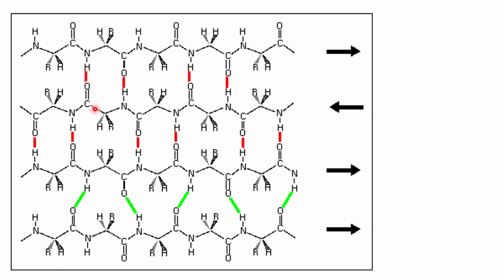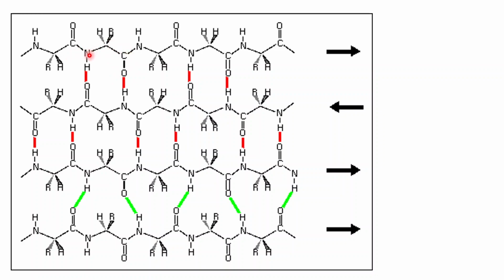Here also this is one amino acid, N, C alpha, C. So the amino group of this amino acid is making the hydrogen bond with the carboxylic group of the adjacent amino acid, and the carboxylic group of that same amino acid is forming the hydrogen bond with the amino group of the adjacent amino acid.